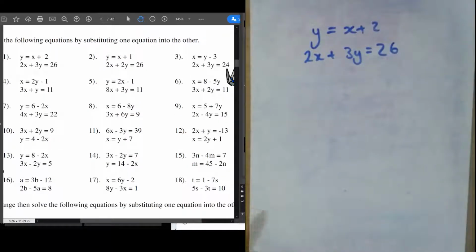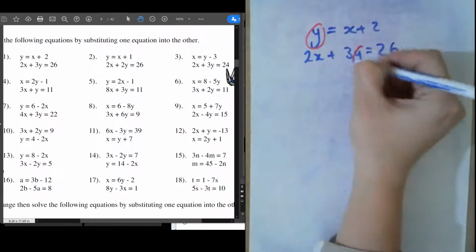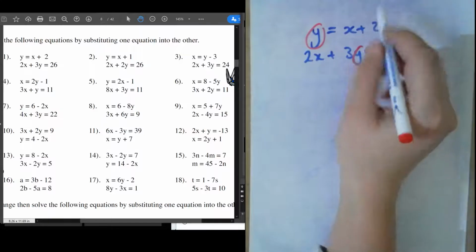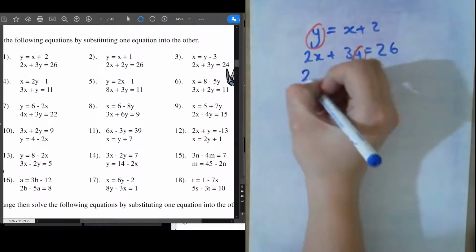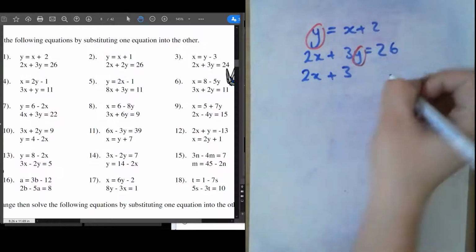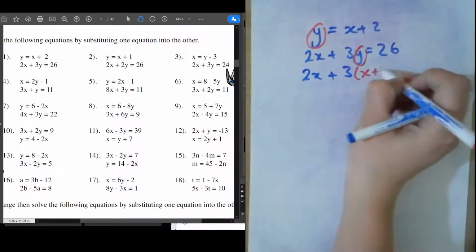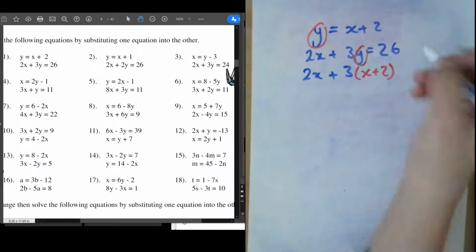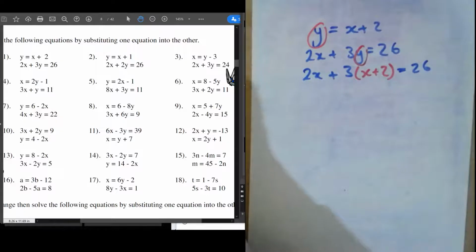So for section B, I now have y equals. I'm going to input this whole entire expression into where it says y right there. So I've got 2x plus 3, and then I'm just going to have x plus 2. Make sure you pop it into brackets because you don't want to mess up on any kind of signs.